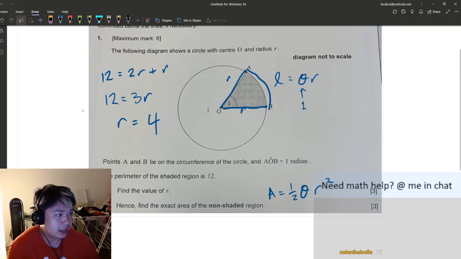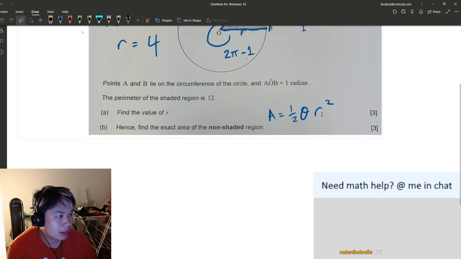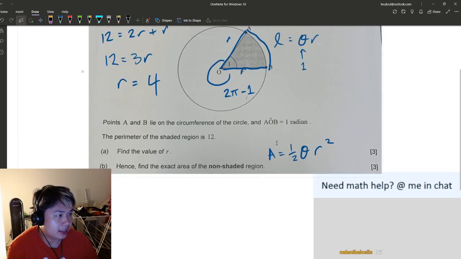You can either find the other side of this angle and then use the formula to find this part. You can find the area of a circle and then subtract this part. It doesn't really matter. I'm going to do it the other way. So this thing is 2 pi minus 1, because 2 pi is a full circle, and then I'm just subtracting this angle, which is 1. And then this is the angle I can put in here for theta.